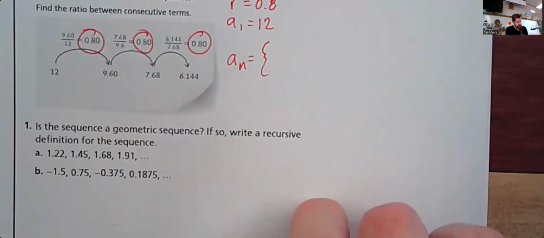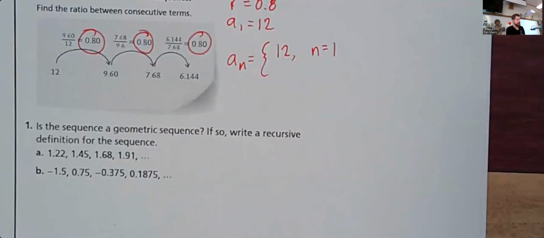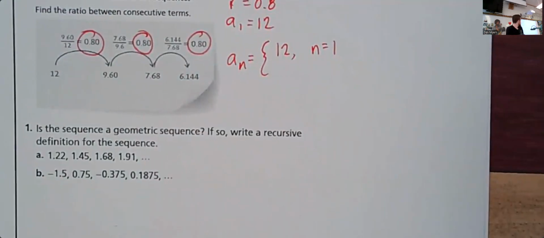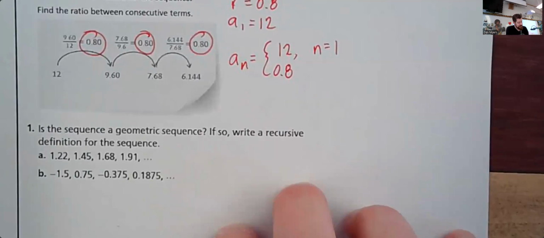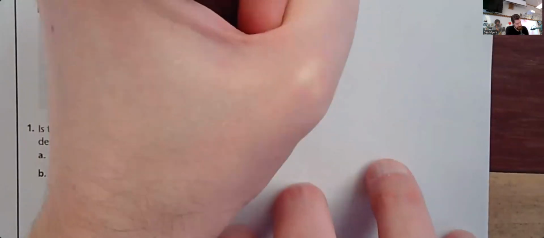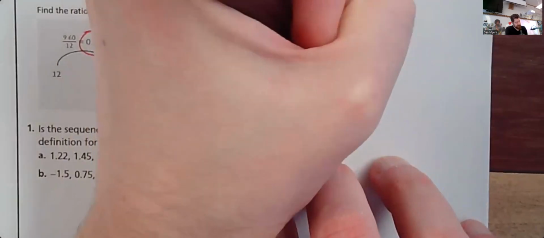Our first term goes up here, so we're going to write 12, comma, and that's the first term, so we write n equals 1. And the bottom row is going to be the common ratio, 0.8. And that gets multiplied by the previous term, which is a sub n minus 1, for all n values that are greater than 1.